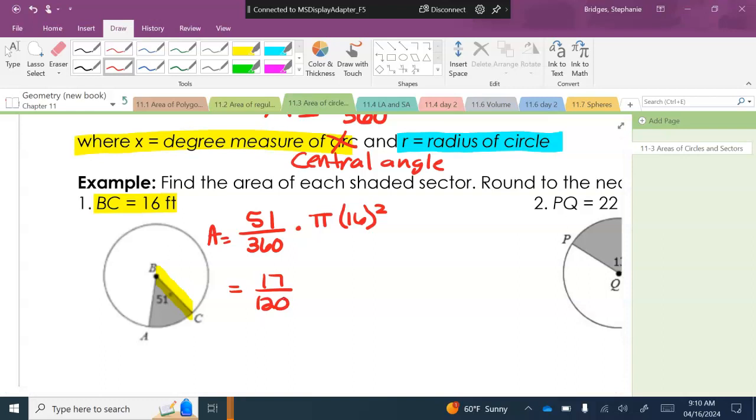So far, so good. All right, the next thing I want you to do is 16 squared. 16 times 16. How much? 256. Okay. I'm going to put that over 1.